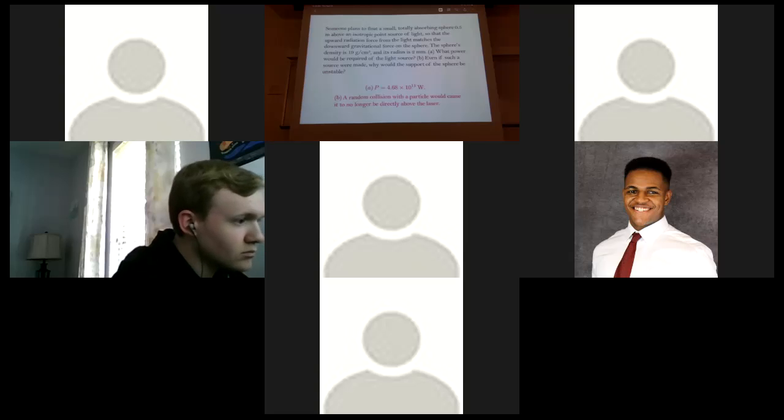If you want to do that, but then you'll have to change grams to kilograms. So that's going to be 0.019 kilograms per centimeter cubed, and then put the radius into centimeters and do it that way. So that's one way, but ultimately you get the same answer at the end of the day.